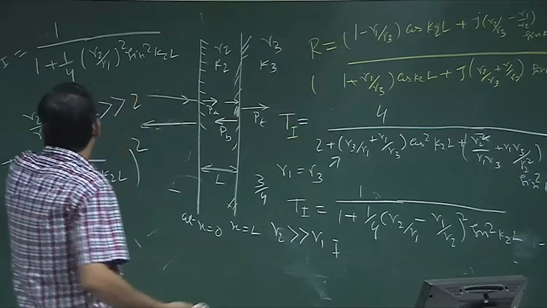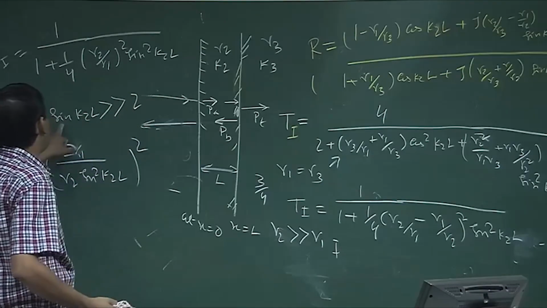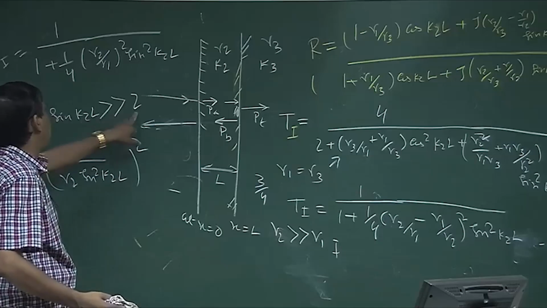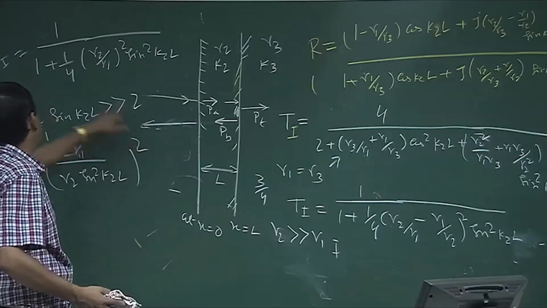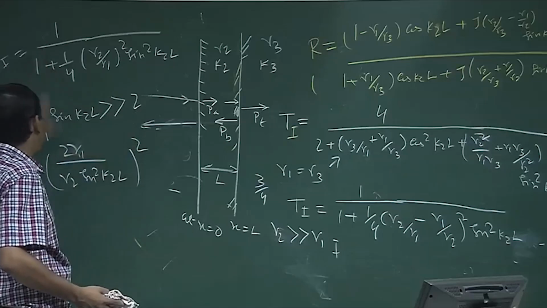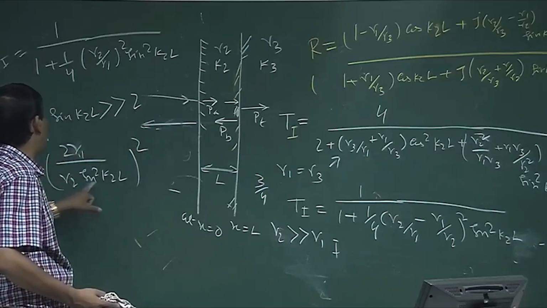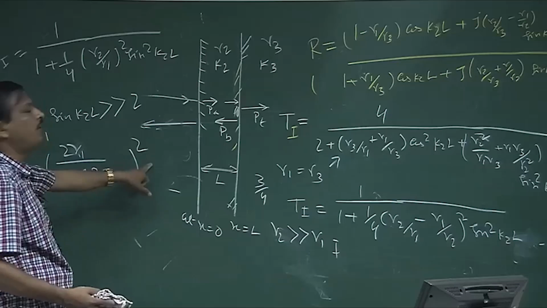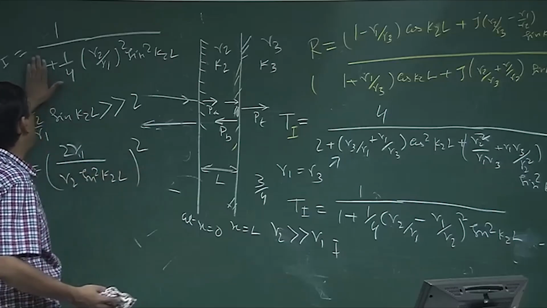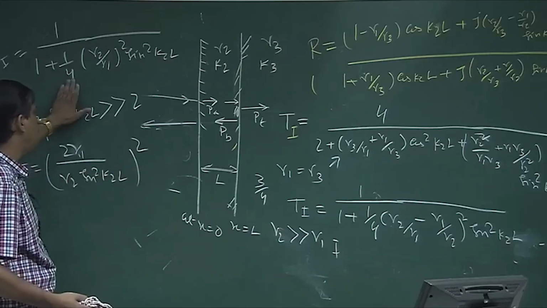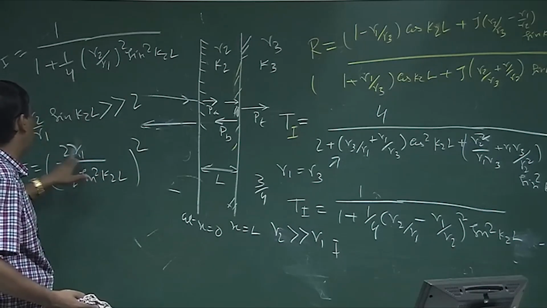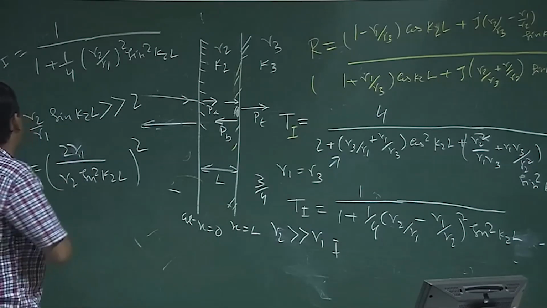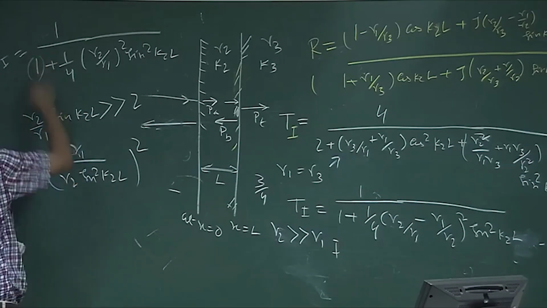In that case, this equation simplifies to 2 R1 by R2 into sin square K2L, whole square. The 1 will be ignored and the 4 will be taken out. So now Ti is 4 R1 square divided by R2 square sin square K2L. I can ignore this one.